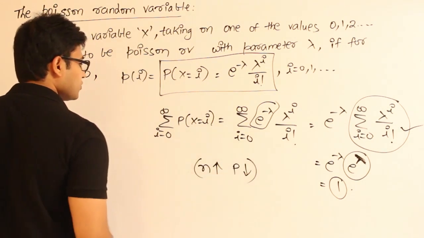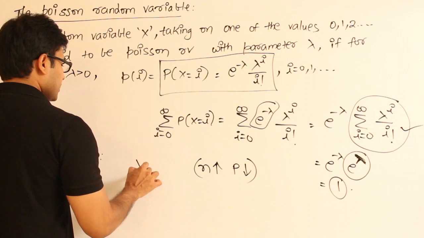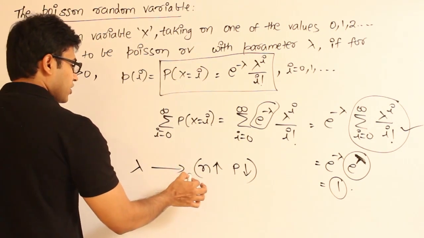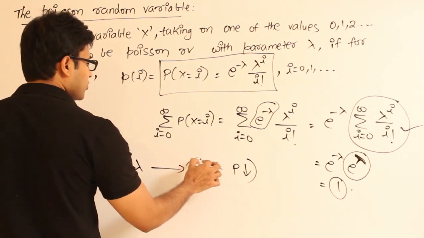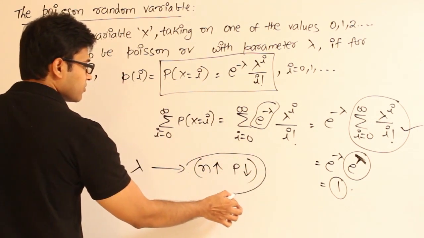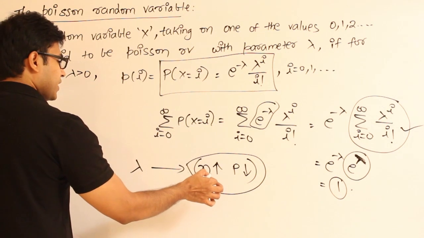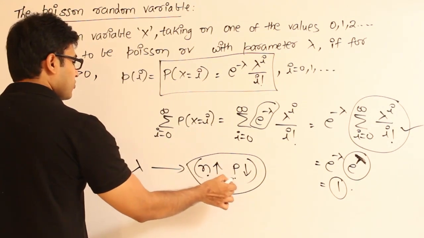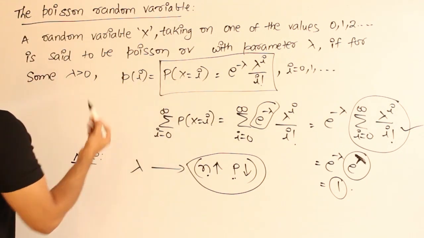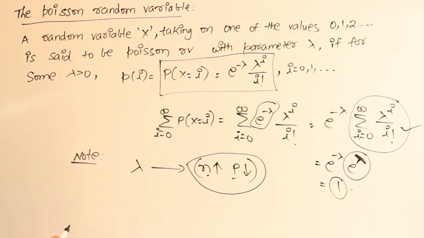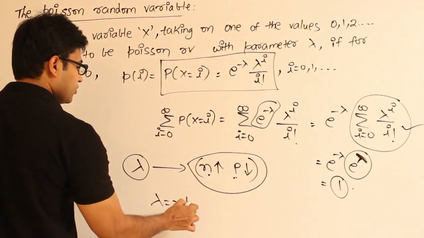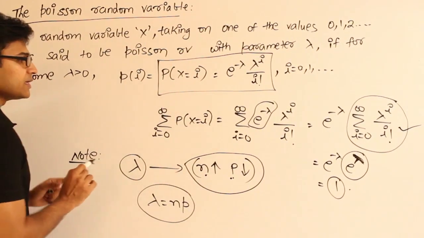Then we can use a Poisson random variable with parameter lambda to approximate it, which means that if you want to find the probability that a binomial variable with parameters n and p will take a value, instead you can find the probability that a Poisson random variable with parameter lambda will take that value, in such a way that lambda equals np. Both the values will be approximately the same.